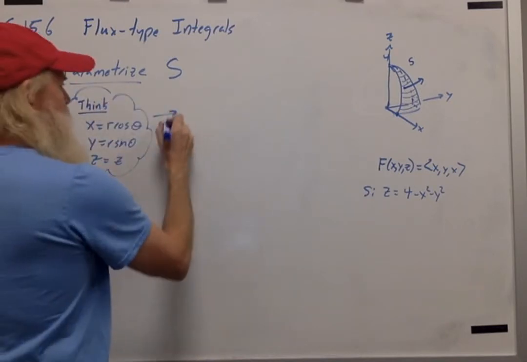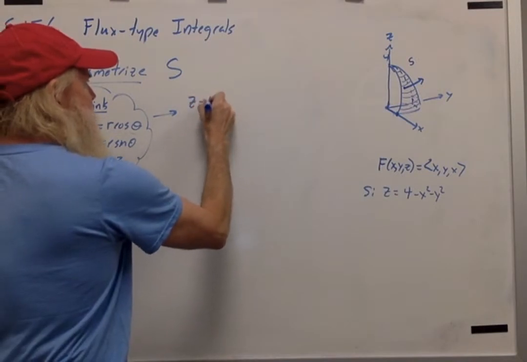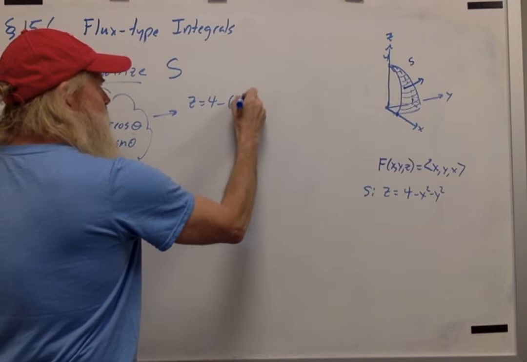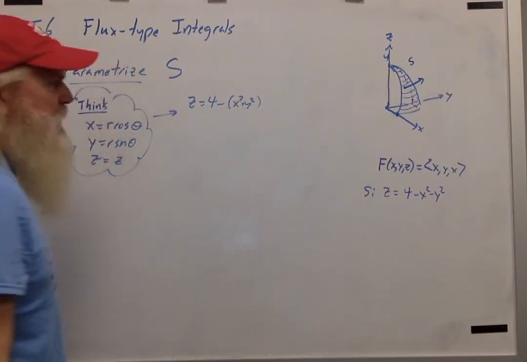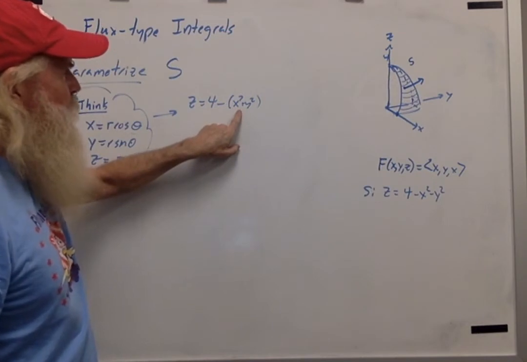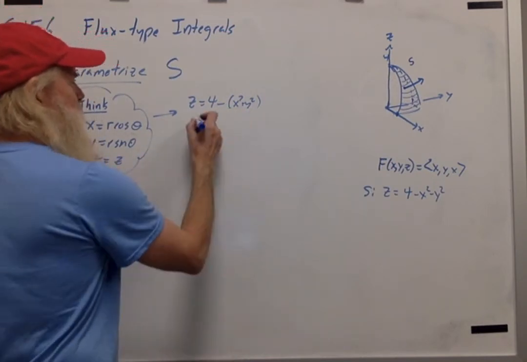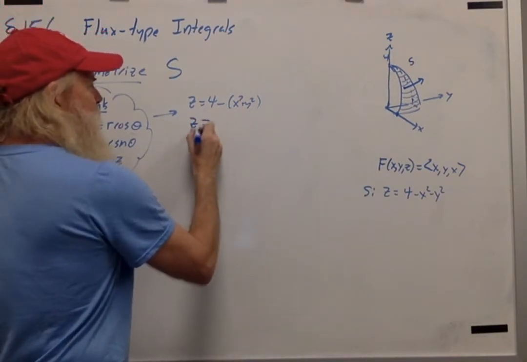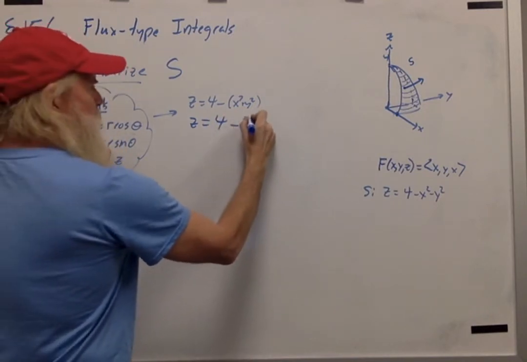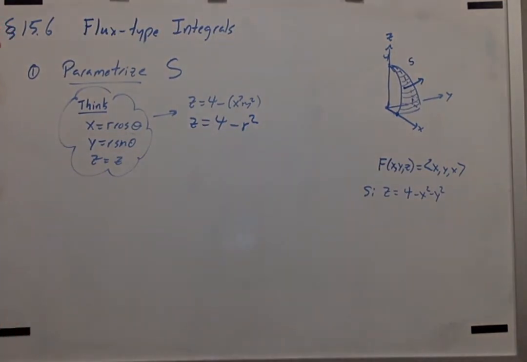We substitute those into the formula z equals 4 minus x squared minus y squared. Notice I can rewrite this as z equals 4 minus (x squared plus y squared). The reason I do that is I know that x squared plus y squared is equal to r squared. So z is the same as 4 minus r squared.